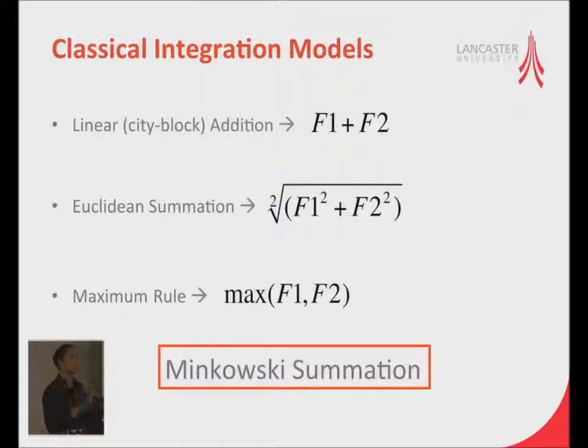So the more salient of the cues takes over your sensory experience, whereas the weaker ones, they're not quite as important. Now, what's really interesting about these different types of models is that they're all examples of something called a Minkowski summation. Okay? And Minkowski summation is particularly important in vision because we tend to use it a lot when we talk about cue summation.